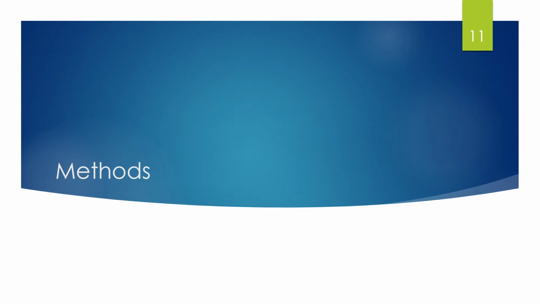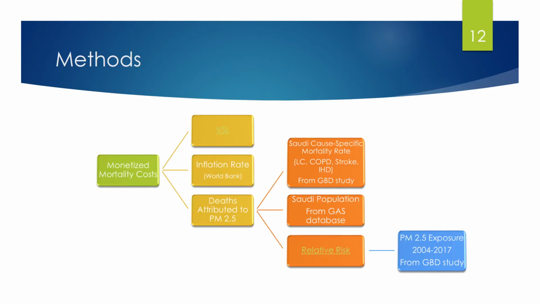With that in mind, we'll go through the methods that we have used to base this study on. First of all, our main goal is to identify the monetized mortality costs. What we need to do then is to establish all the elements to identify the mortality costs.